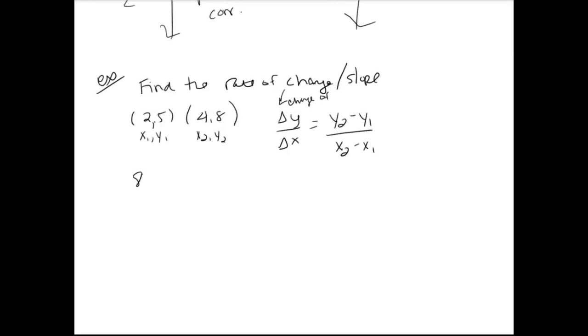So y2 is 8, y1 is 5, x2 is 4, x1 is 2, and then we're just subtracting them. And that's your slope. So it's really not hard. It's a lot of verbiage and a lot of new symbolism, but the actual math portion is pretty easy. And we want to leave it in a nice fraction, even if it's an improper fraction. And you're going to see how that translates here soon.